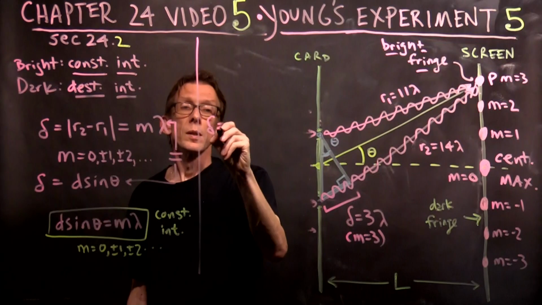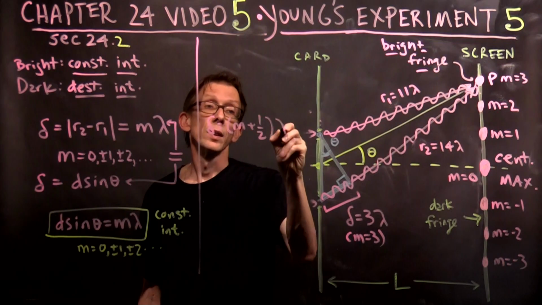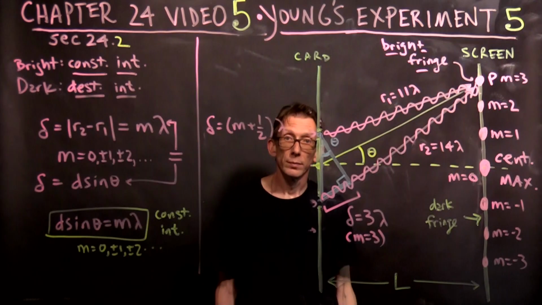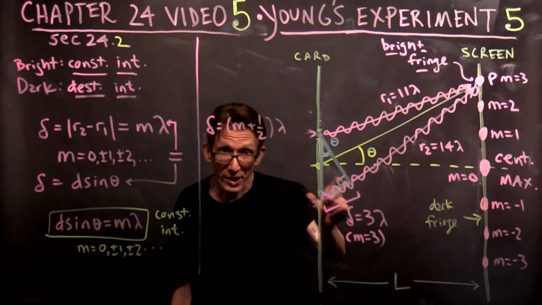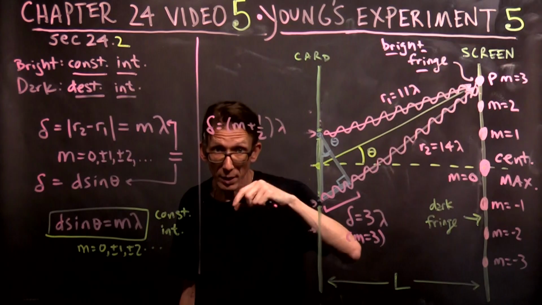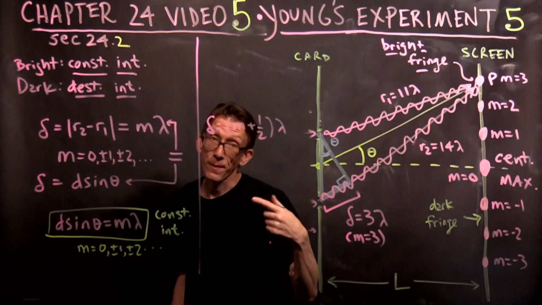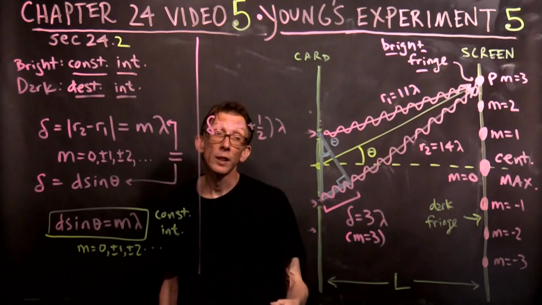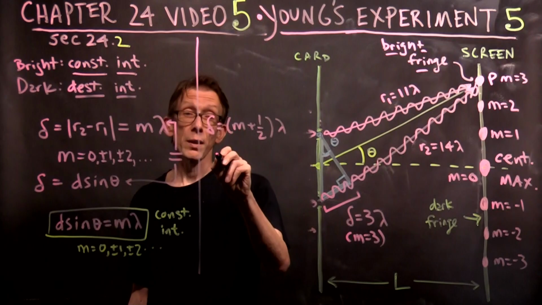Delta is m plus 1/2 lambda. So that's 1/2 lambda, 3/2 lambda. If that path length difference is a half number of integer wavelengths, 1/2, 3/2, 5/2, 7/2, etc., then you get destructive interference. And m has the same set of values.